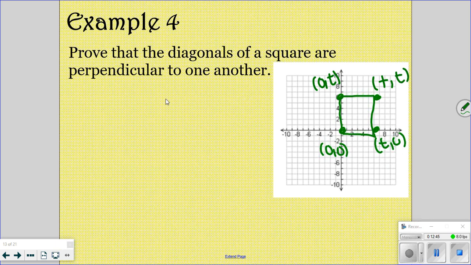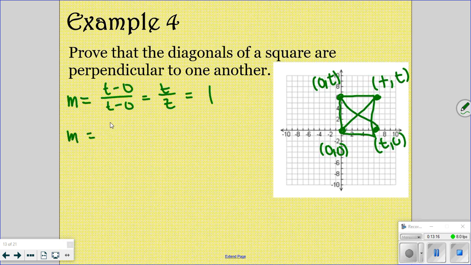So diagonal, we're looking for the slope here because we want to know if they're perpendicular. So the slope for that one would be t minus 0 over t minus 0, which is t over t, which is 1. And then the other diagonal, we would have t minus 0 over 0 minus t, which is t over negative t, which is negative 1.